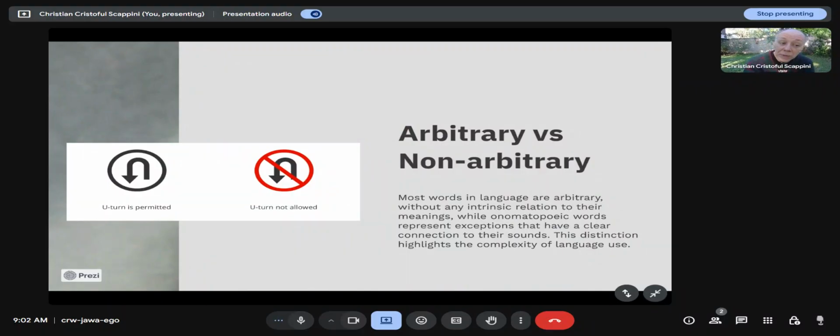Okay, so many people then think that there is a connection between onomatopoeic sounds and the meaning. But as you have seen, the Koreans say tok tok for knock knock, and they say nyang nyang instead of wow wow.